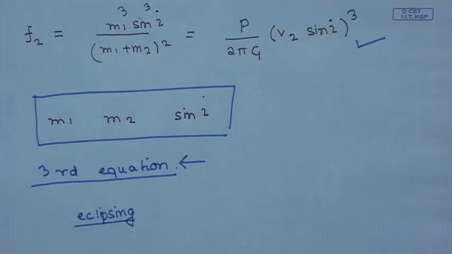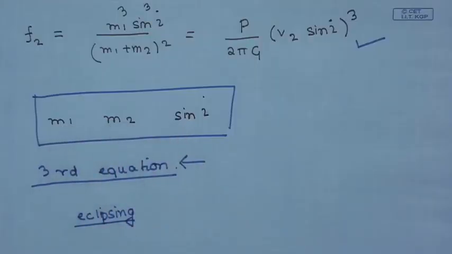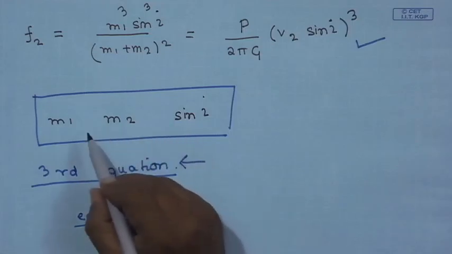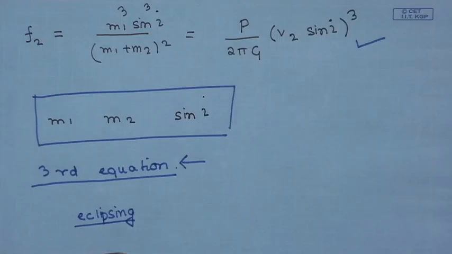Then from the light curve, from the duration of the eclipses and the dip in the light curve during the eclipses, you can get constraints from where you can determine the masses and the inclination angle. But from just the spectroscopic binary, you cannot determine these two things uniquely.